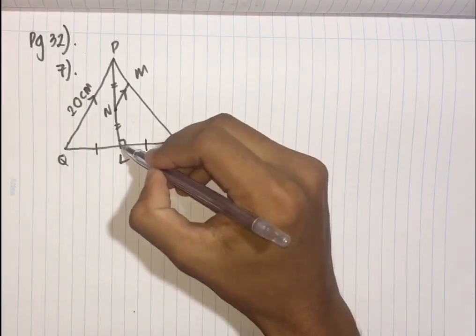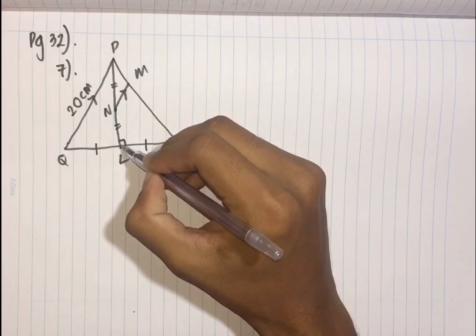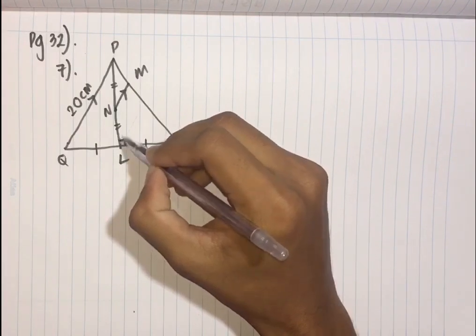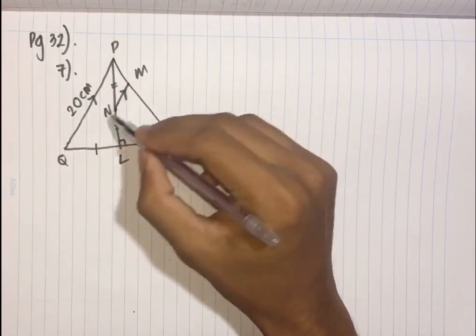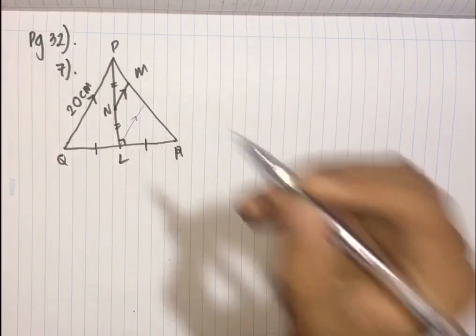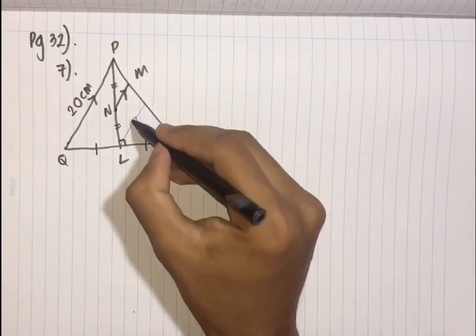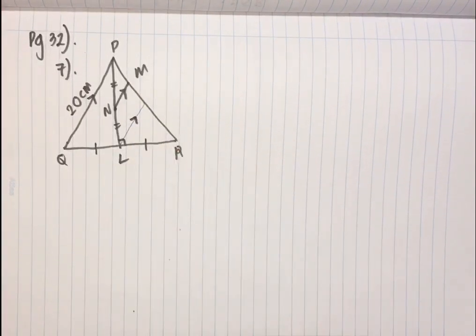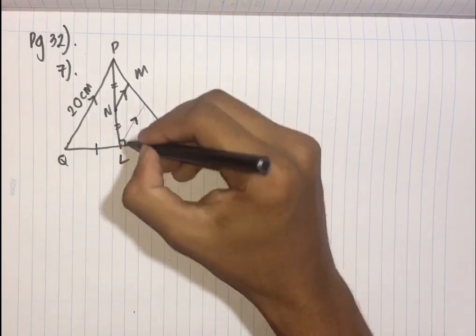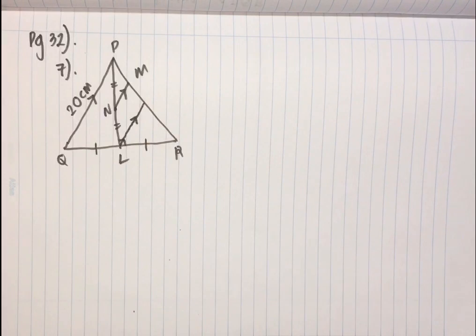Now I'm going to draw a parallel line through L, parallel to QP or NM. Now when you draw a parallel line, it comes to our normal theorem, the converse of midpoint theorem.